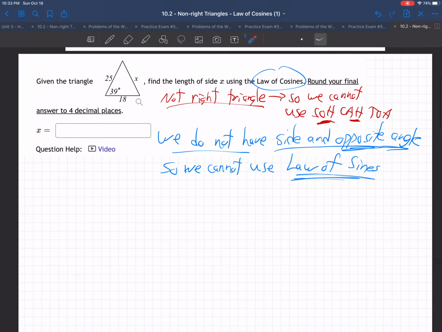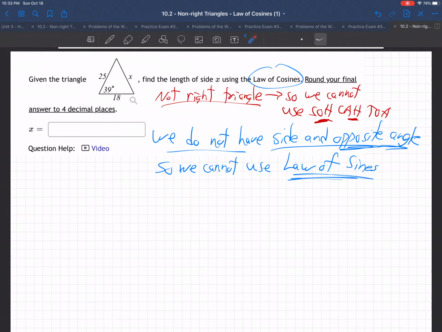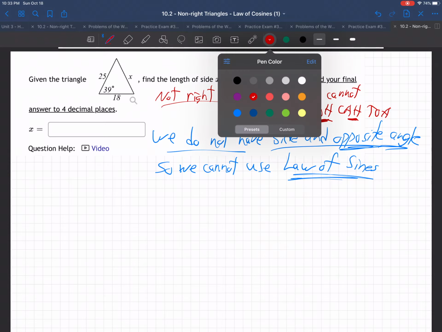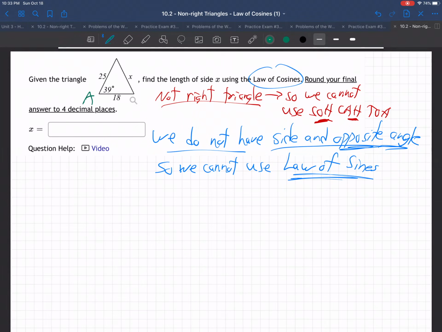So in this one, you can call it whatever you want. How about I call this A, B, C. This will be angle A. And that means this is x, right? So we're trying to find x squared.